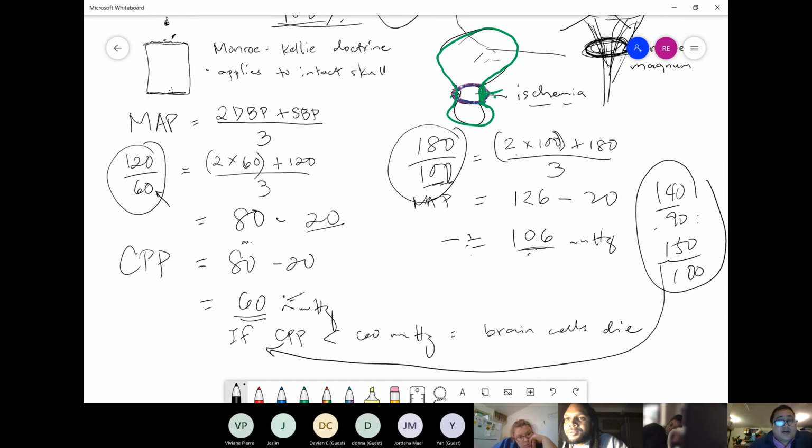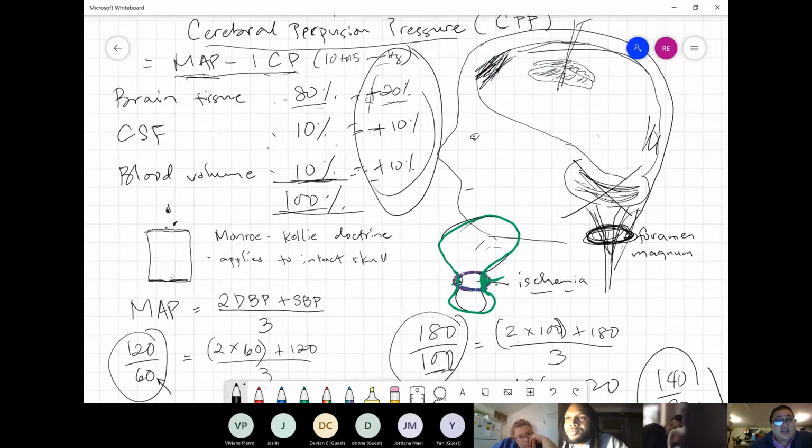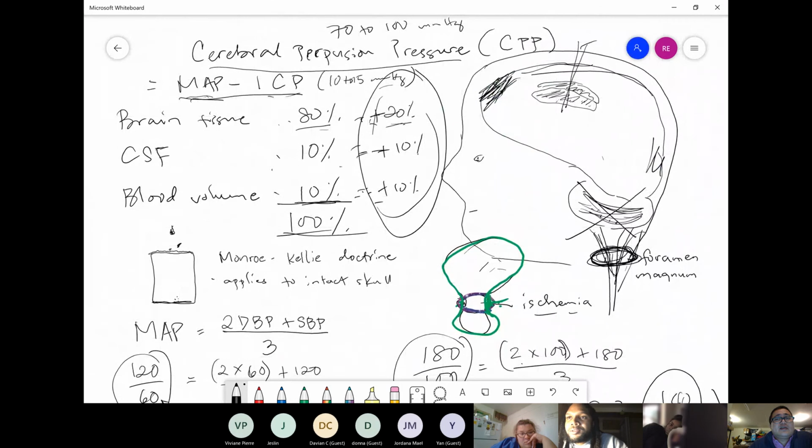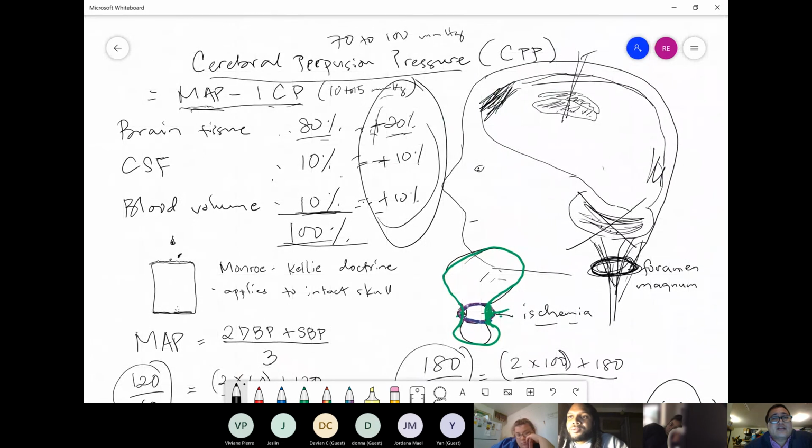Are you with me so far in head injury? Yeah. Okay, so there's no innocent data here. So when you get a test question, you're given a patient's blood pressure and an ICP reading. What is it really asking you? What's the CPP? It's asking you about the patient's CPP.